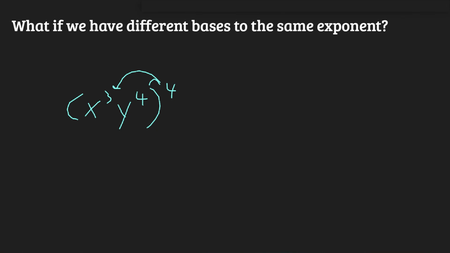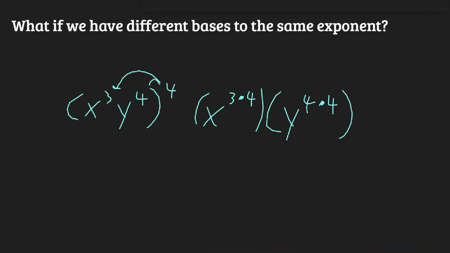So we're going to be multiplying here. So this is equal to x to the 3 times 4, and then that is multiplied by y to the power of 4 times 4. So the final solution here will be x to the 12 times y to the 16.